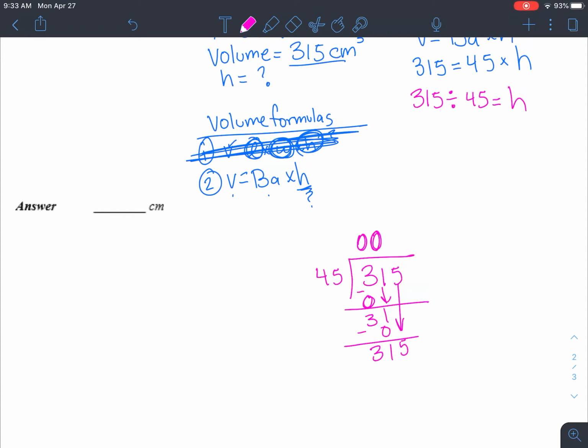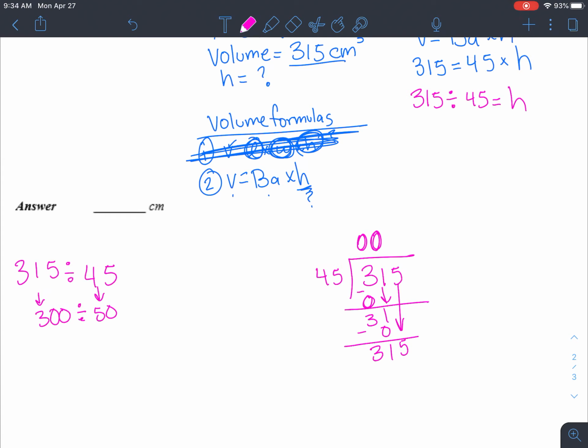Now, I have to make a pretty good estimate as to how many times 45 can go into 315. I'm thinking that 45 is kind of close to 50, and 315 is kind of close to 300. Sorry, just showing my work on the side so I can explain my thinking.